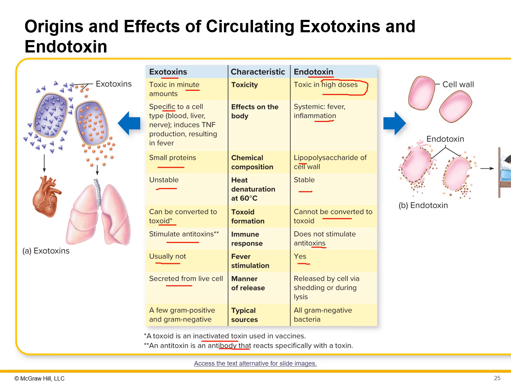Again, exotoxins are secreted. However, endotoxin is released from the cell whenever it's destroyed. Whenever a gram-negative cell is intact, LPS doesn't cause any problems. Our normal biota has lots of gram-negative bacteria, so there's endotoxin within that. The problem is whenever the cell breaks apart.